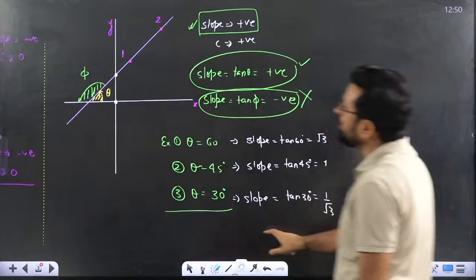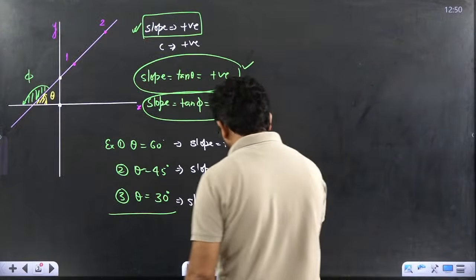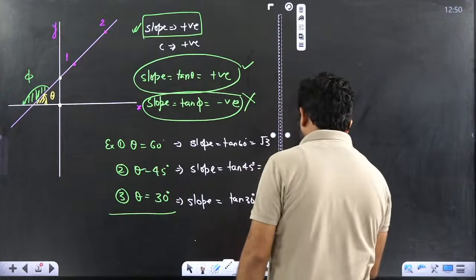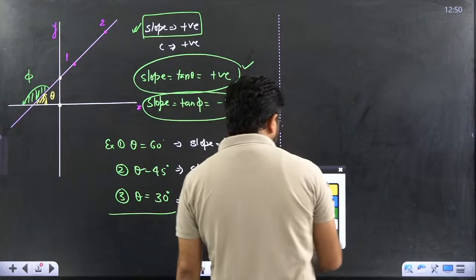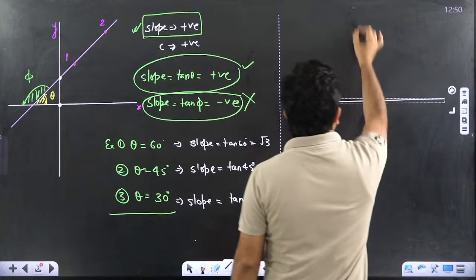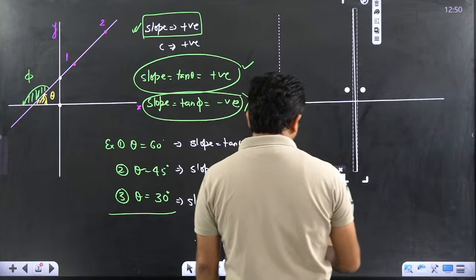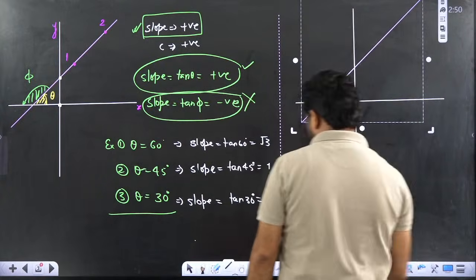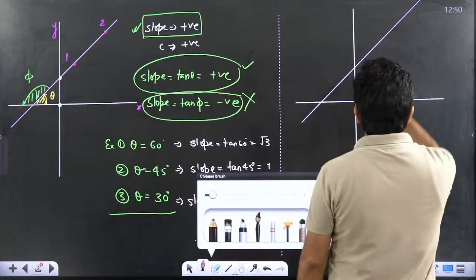Suppose 2 points are given. Using these 2 points, we have to draw the straight line. What I am saying is, here you are drawing one straight line, and there are 2 points on the straight line given to you.